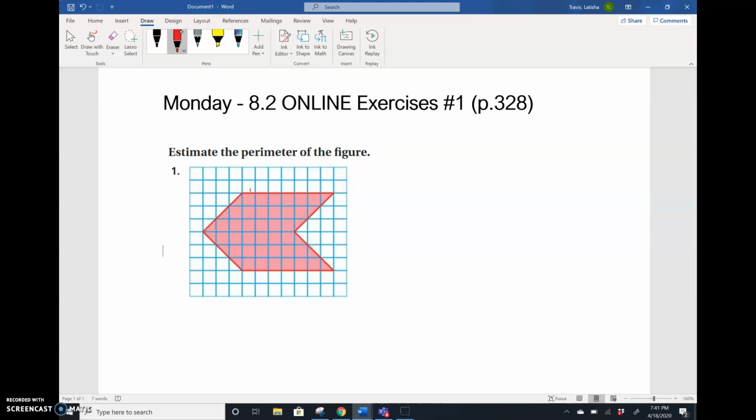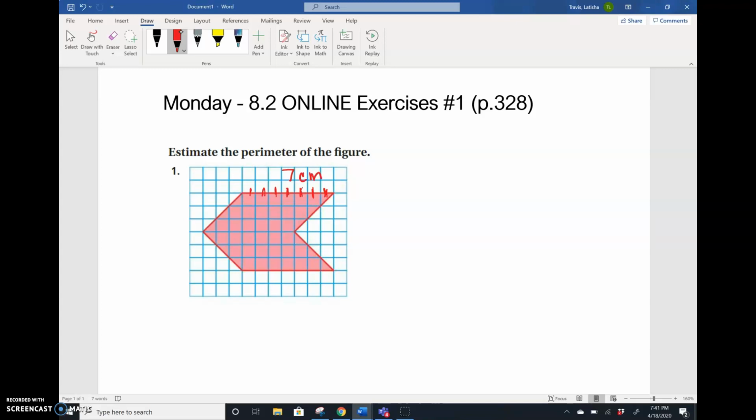So we have 1, 2, 3, 4, 5, 6, 7. So we have 7. Each one of those represents 1 centimeter, so the very top is going to be 7 centimeters.